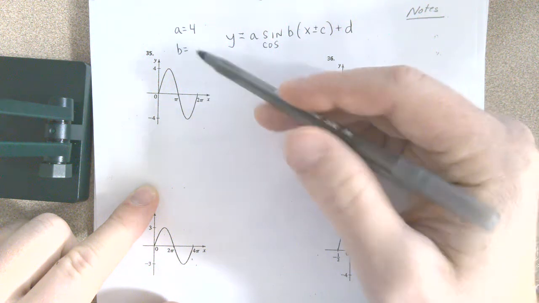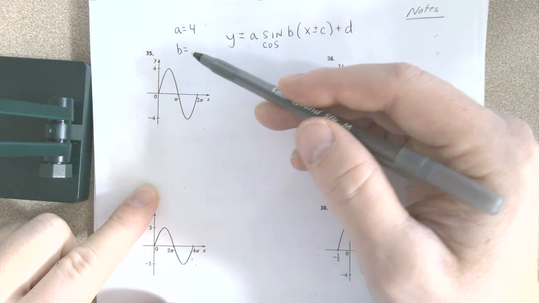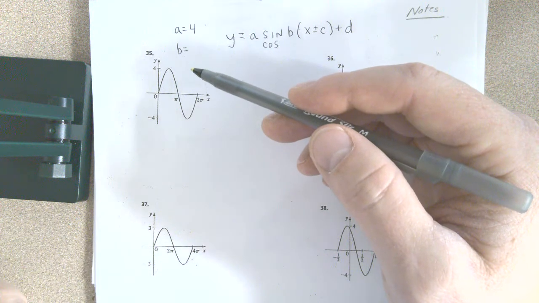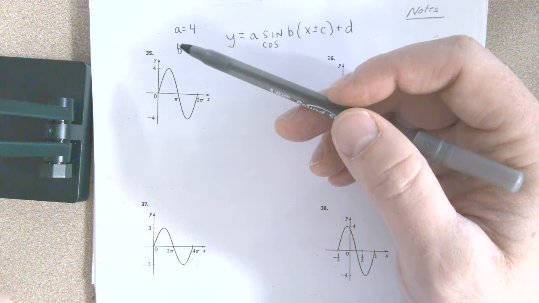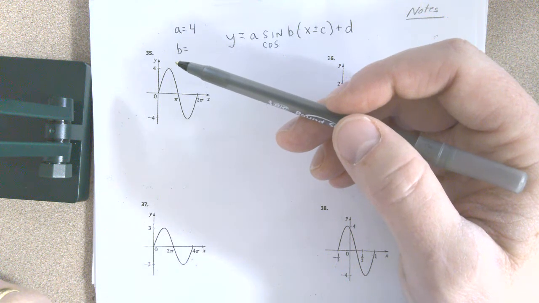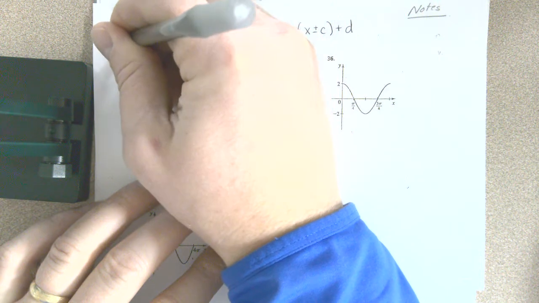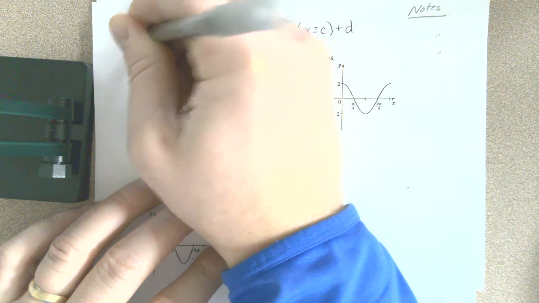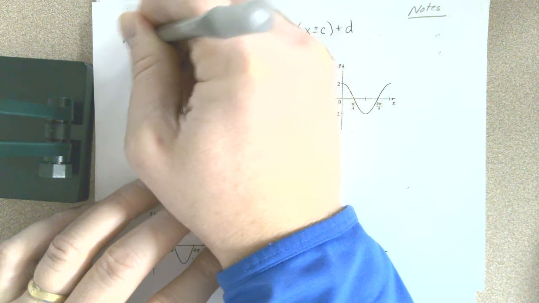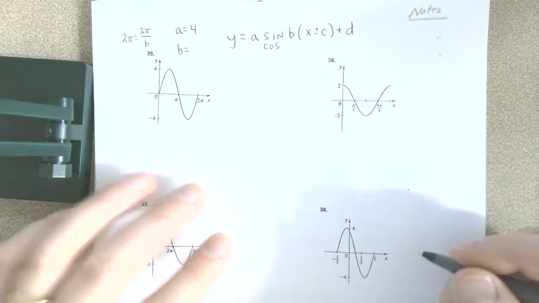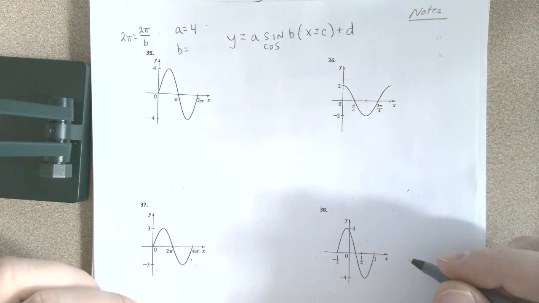So if I'm finding b, remember b is the interval. I take 2 pi divided by b. To set this up, we're going to say 2 pi, which is the period, is equal to 2 pi divided by b. I'm just going to set up a little proportion there to help me solve that.